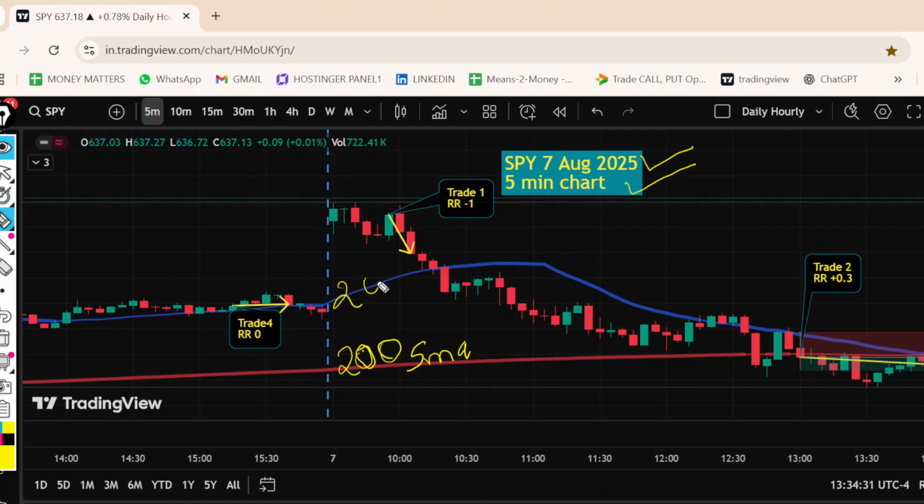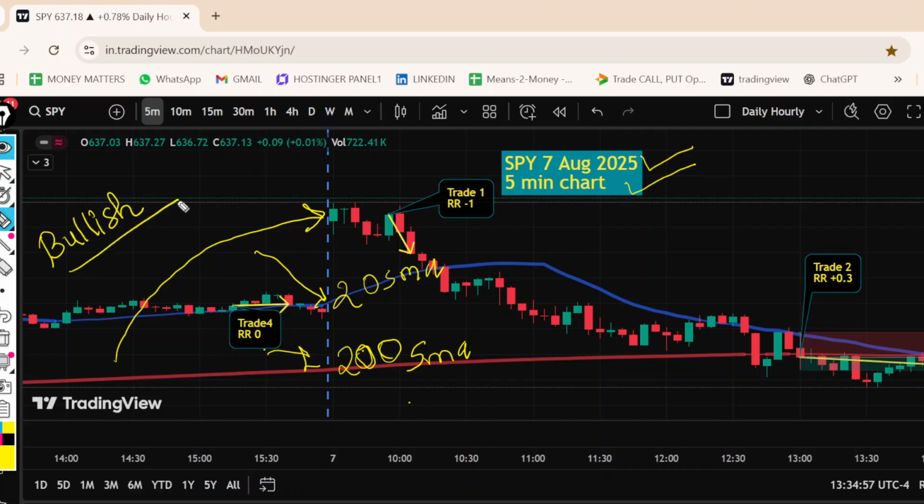The 200-day moving average is the red line on the screen, and the blue line is the 20-day moving average. Since the market has opened above both these moving averages, the market is in a bullish trend as per our strategy. So basically we will try to buy the market as long as the market stays above these two moving averages.